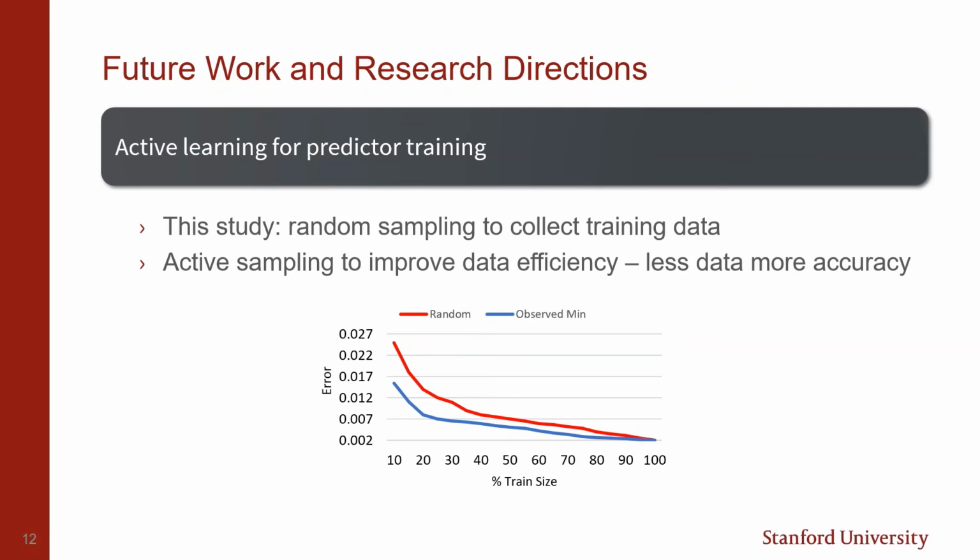However, we may improve upon random sampling by using active sampling to improve data efficiency. Here, I'm showing a plot of the results of randomly sampling data against an observed minimum. What this data suggests is that there's a sampling approach which does better than random.